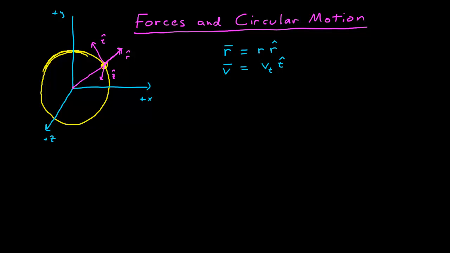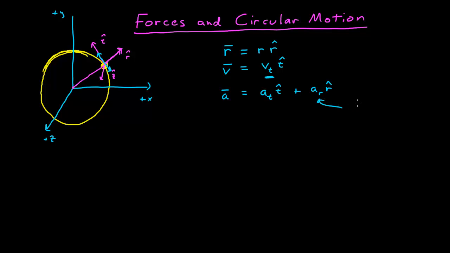While r is always positive, this is the component along the tangential axis. It can be positive or negative depending on whether it's going, in this case, counterclockwise or clockwise around the circle. But it's always tangent to the circle, while the radius is always radial. The acceleration vector has a component that's tangential to the circle, as well as a component that's radial to the circle.